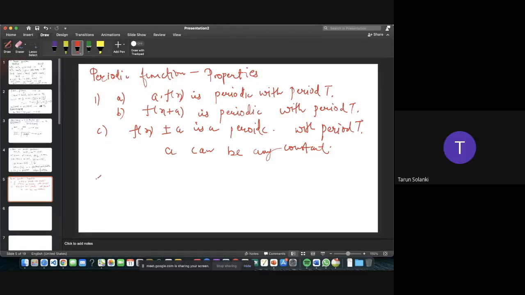So this is important, right? If a constant is added, subtracted, multiplied, or divided, the period remains same. Okay, so first write this property, then we'll move to the next.